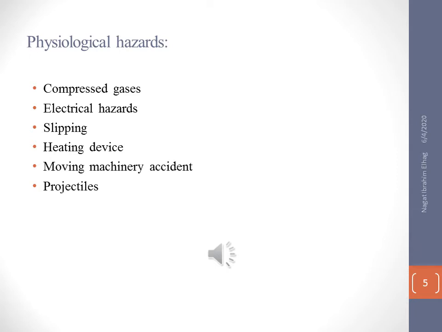Heating devices such as ovens and water baths are usually used for temperature, though those machines are a source of danger. So when you deal with these machines, you have to be sure they work in a good way, there are no problems in the electricity, and the temperature is in safe practice.